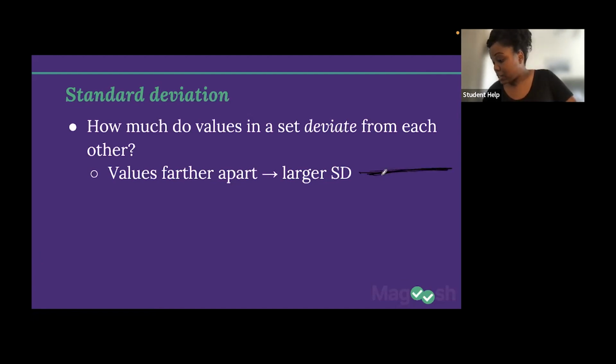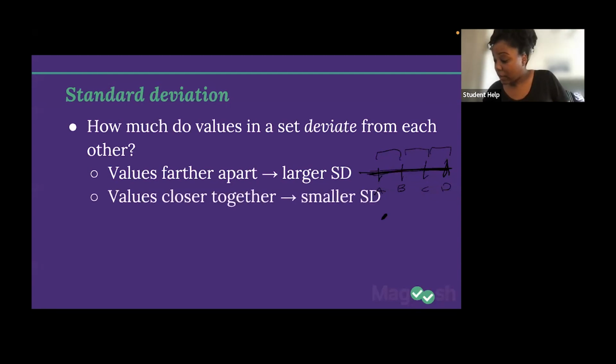If there's a large space in between, and let's say this is value A, B, C, and D, then the deviation between these is going to be greater in comparison to if you had A, B, C, D closer together. In this situation, the space between the values is smaller, so it's going to have a smaller standard deviation.